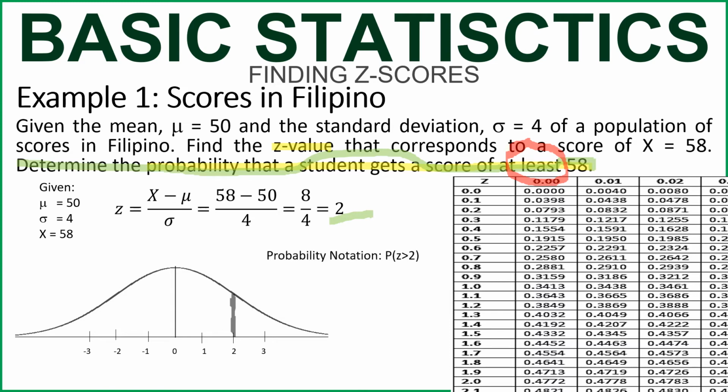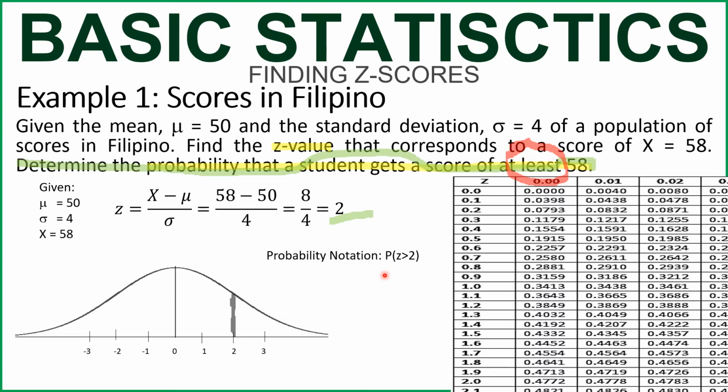So, our probability notation is P, open parenthesis, Z is greater than 2, because we're getting the probability of the scores of students with at least 58, meaning 58 and up, more than 58 and more. Di ba? Kapag more than tayo, that is greater than. So, that's why this is the probability notation.